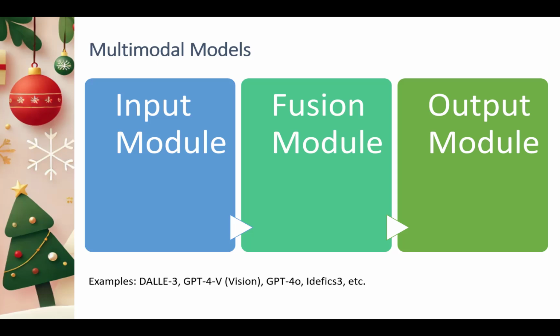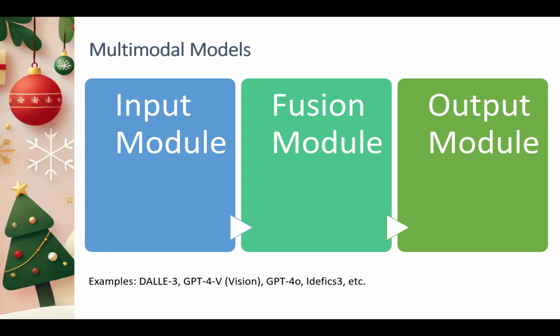You want to try how they work for your specific use case. I already mentioned DALL-E 3 that can convert text to images, and by converting, I mean generate images based on a text description.